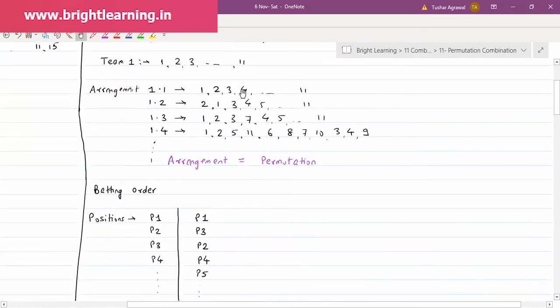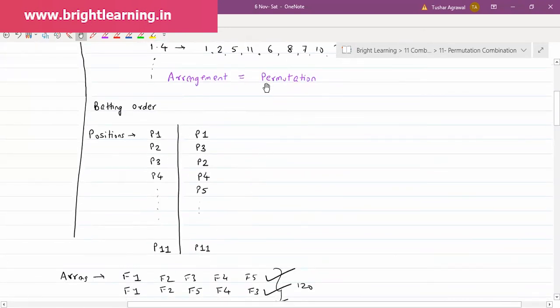You select another team, you give all the batting orders. You select a third team, you give all the batting orders. So the answer to this question is 15 factorial upon 4 factorial. How I came to this, don't ask right now. Just this is the answer. These many batting positions are possible.